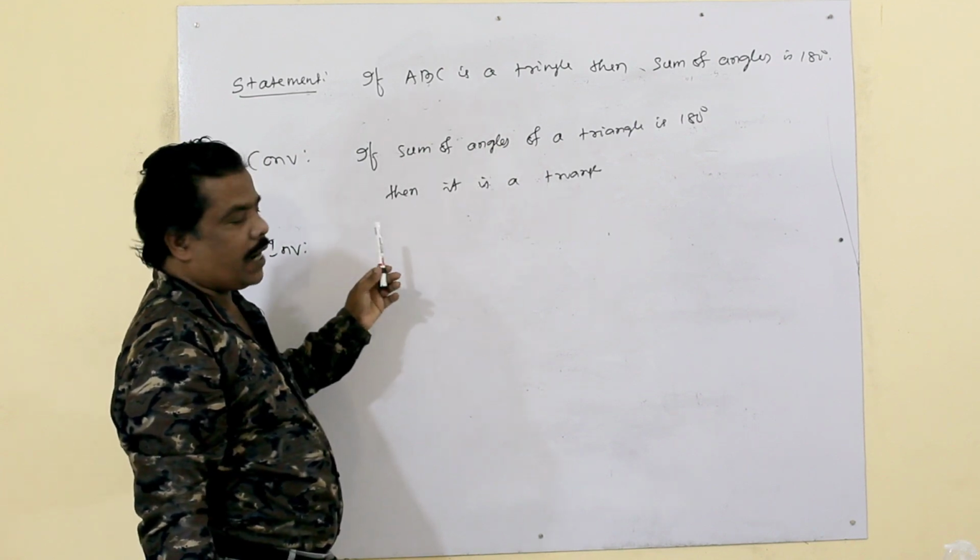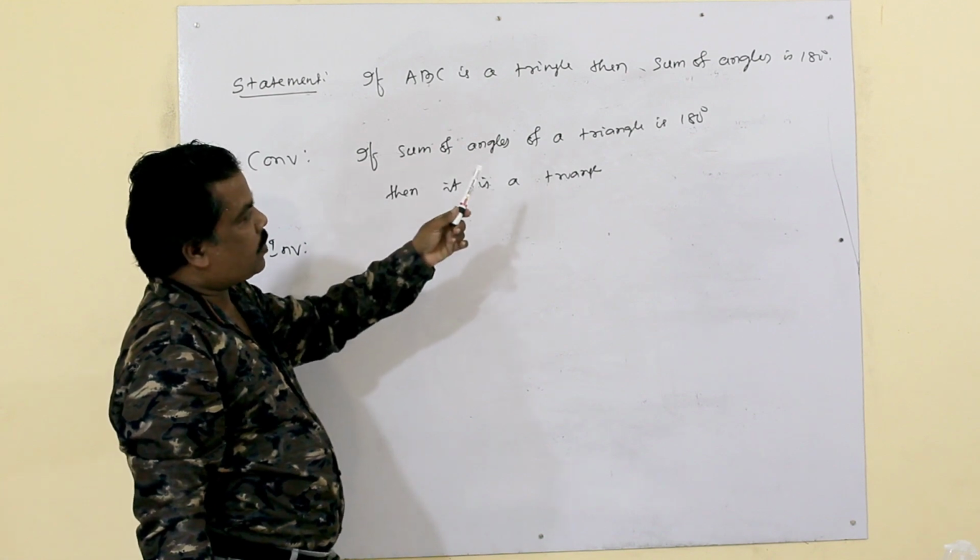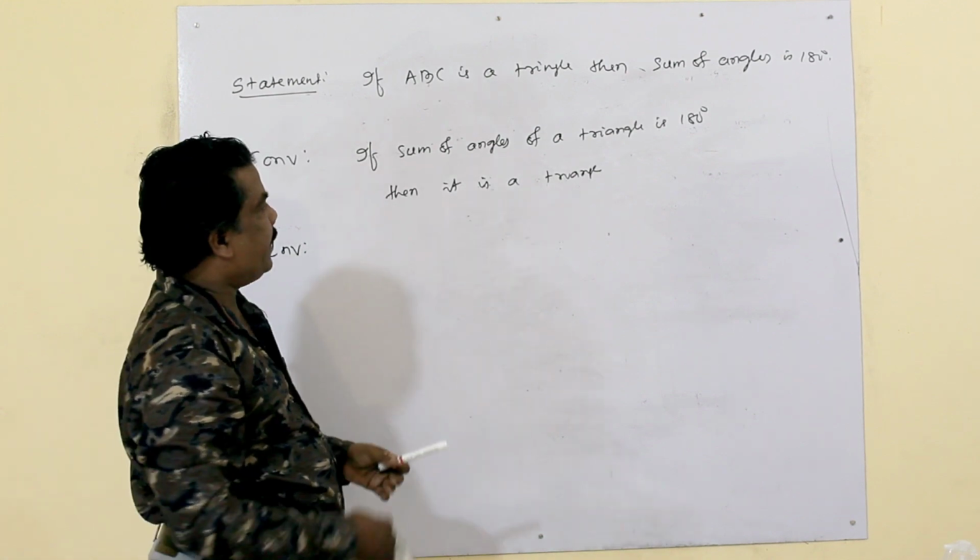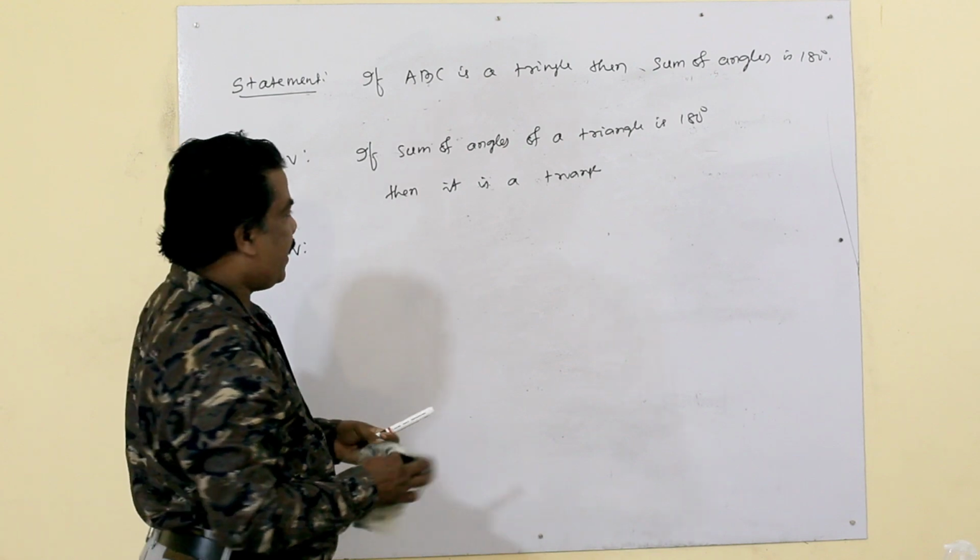And contrapositive is, if sum of angles is not 180 degree, then ABC is not a triangle.